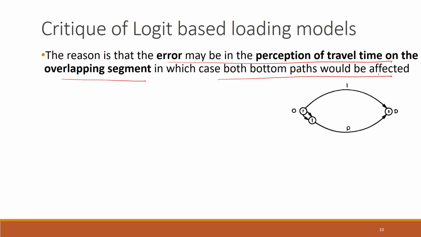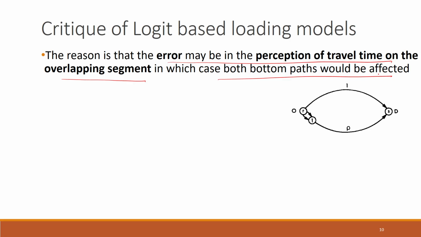So the error in the perception of the travel time might be coming hugely from the overlapping segment. Since that overlapping segment is common to both bottom paths, it is expected that if the perceived travel time of one of these paths is very high, the perceived travel time of the other path will also be very high, and vice versa: if the perceived travel time of one is very low, the other will also be very low. So these two have to be correlated with each other.